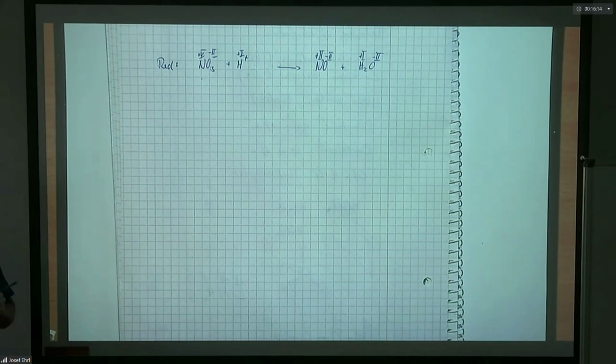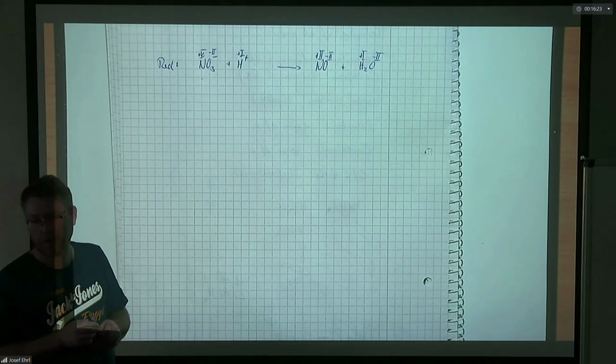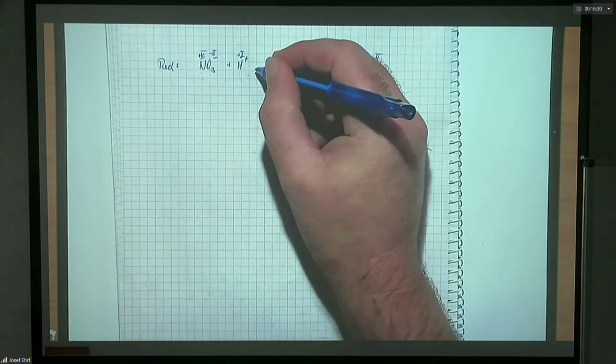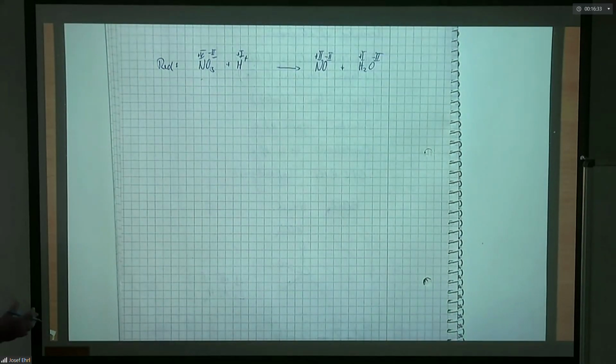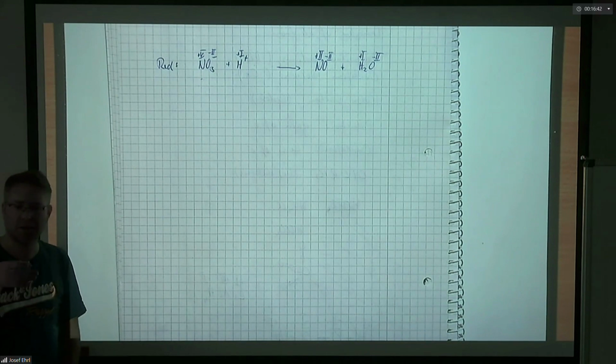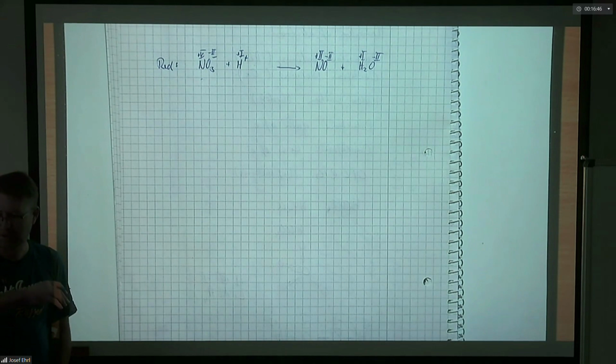So, like you said already, nitrogen in nitrate is reduced to nitrogen monoxide. By how many electrons? How many electrons would be transferred in this reaction? 3. Does nitrate give these electrons away or take them up? It takes them up. It takes negative charges, therefore its own oxidation number gets less.